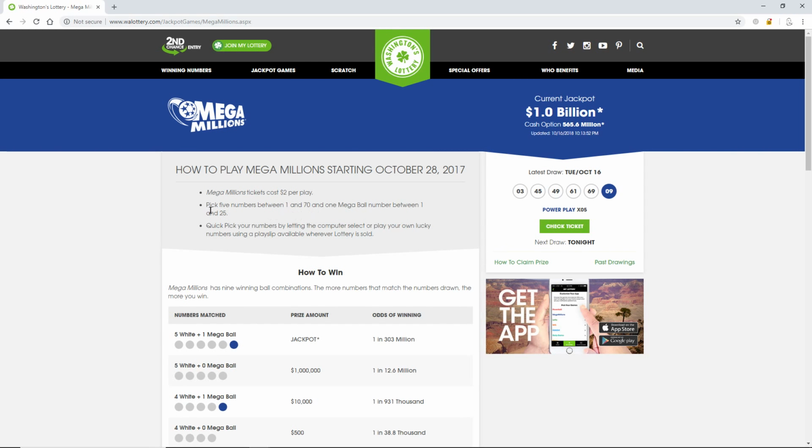So you have to pick 5 numbers, and the numbers can be between 1 and 70, and 1 mega ball between 1 and 25. And so if you can match the 5 numbers and the mega ball, then you're a winner. And you win the Mega Millions and you win the jackpot.